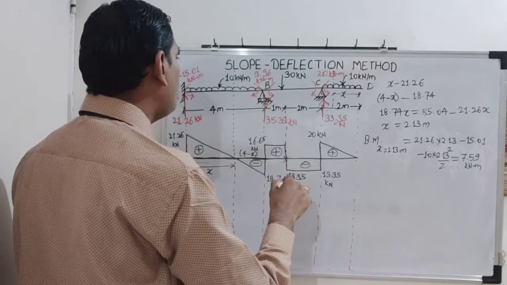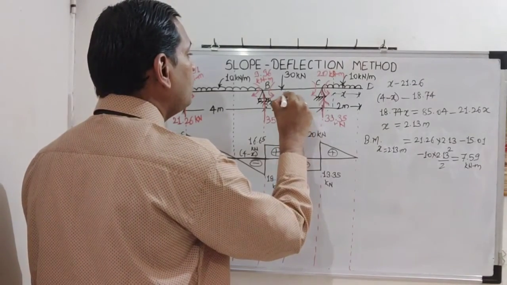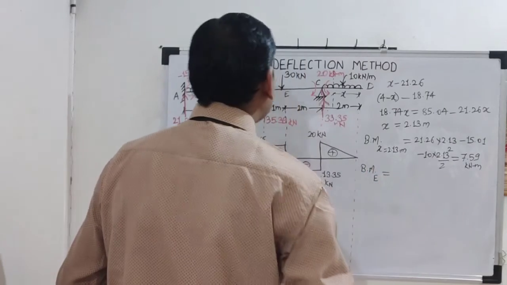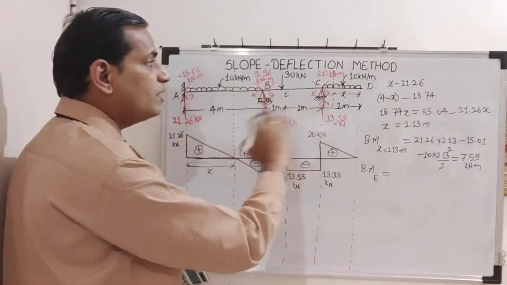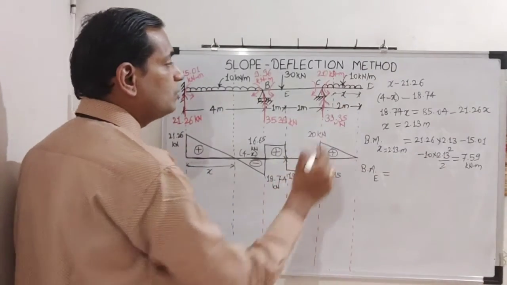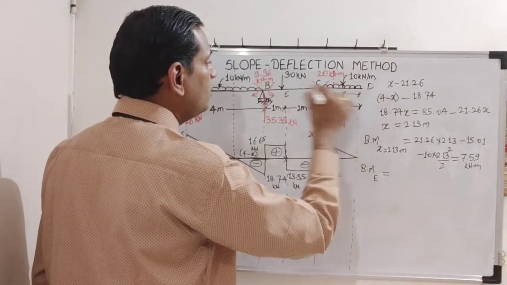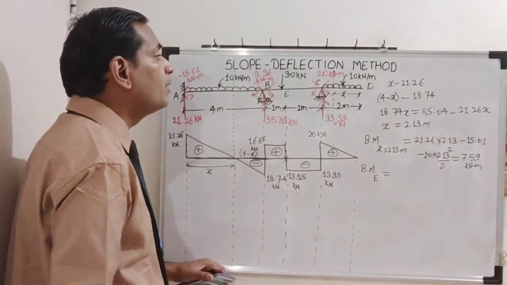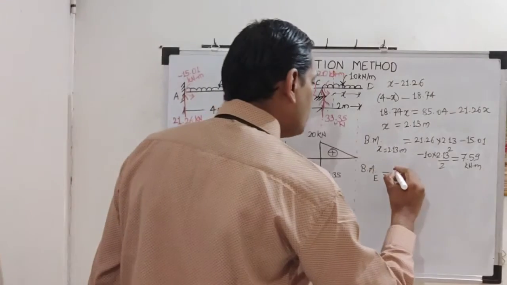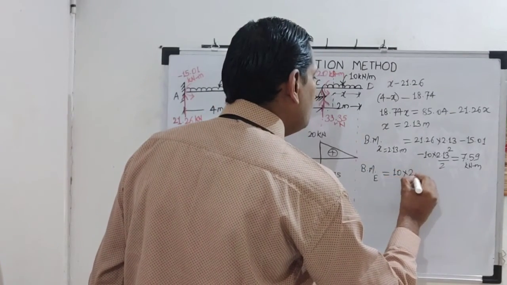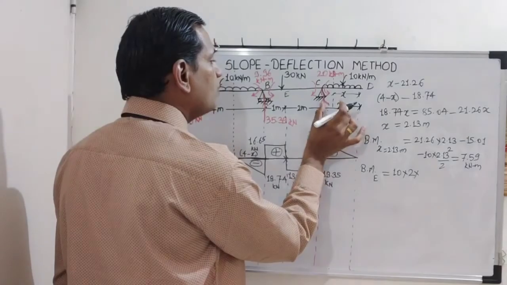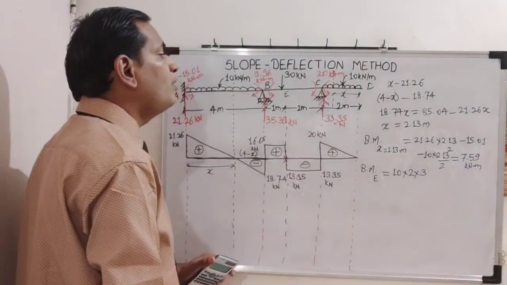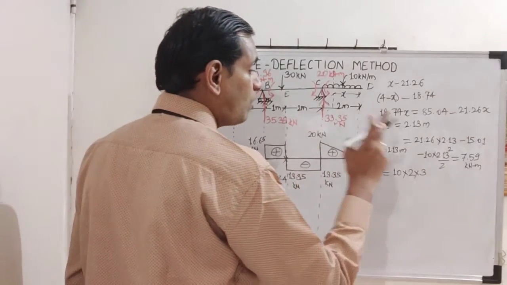Now another value will be here under the 30 kilonewton point load. We shall say this is E. So bending moment at E. We know the location of E from any of the joints or supports. So we will take this complete part of the beam and write the equation for bending moment starting from 10 kilonewton per meter. So 10 into 2 into half of 2, which is 1. 1 plus 2 is 3. So the moment because of 10 kilonewton per meter is a clockwise moment.